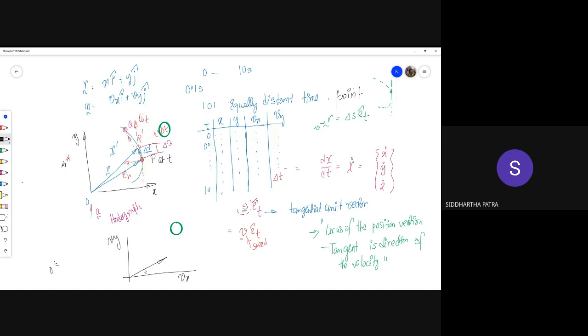Let's say this is at 0, this is v at 0.1, and then this continues. Join these points and you have your hodograph. Does it make sense? Yes, sir. I got it.